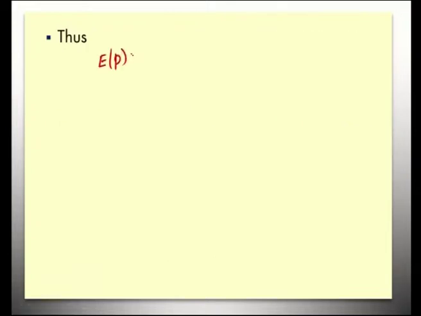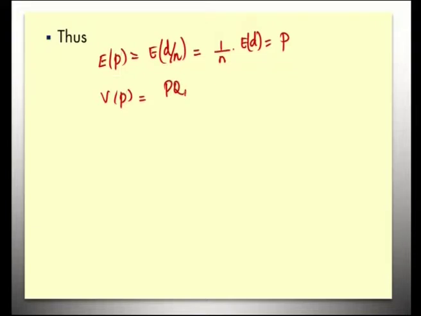Thus, we have E of p is equal to E of D divided by n, which is 1 by n into E of D. This is equal to the population proportion P. Similarly, variance of p is equal to PQ by n. Thus, the 3 sigma control limits, the general formula for any chart, is always the expectation of the parameter plus or minus 3 times the standard error of the parameter.